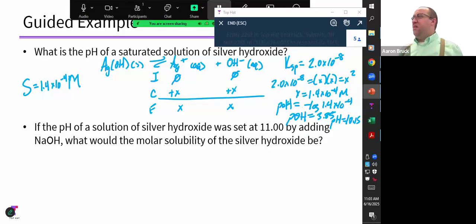So on its own, silver hydroxide generates a pH of just around 10.